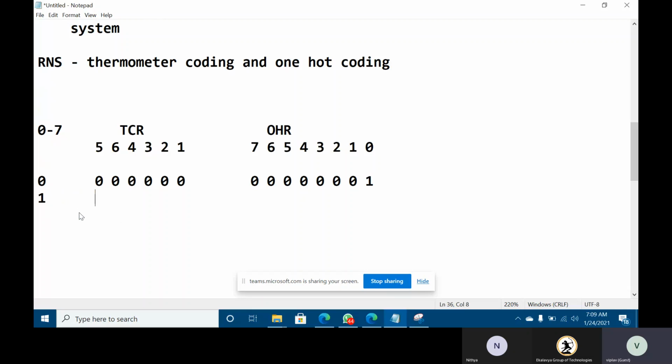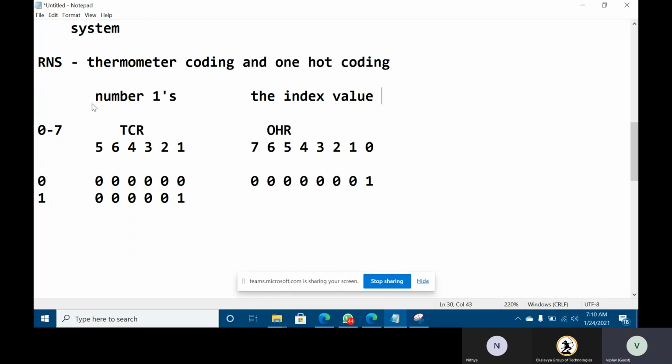Now in TCR it is 0, 0, 0, 0, 1. What we are going to see in TCR is the number of ones, and in OHR, the index value.